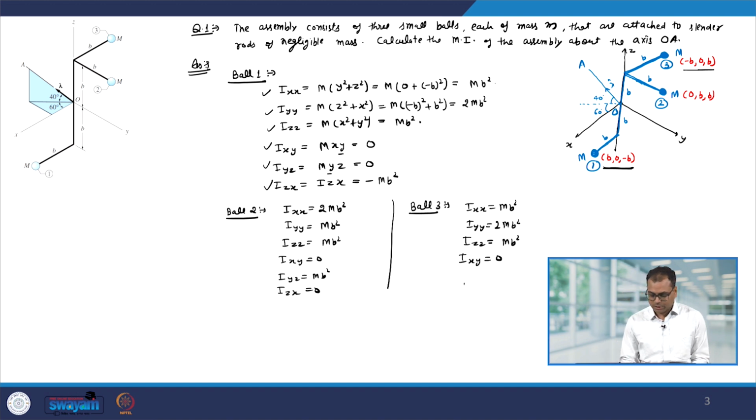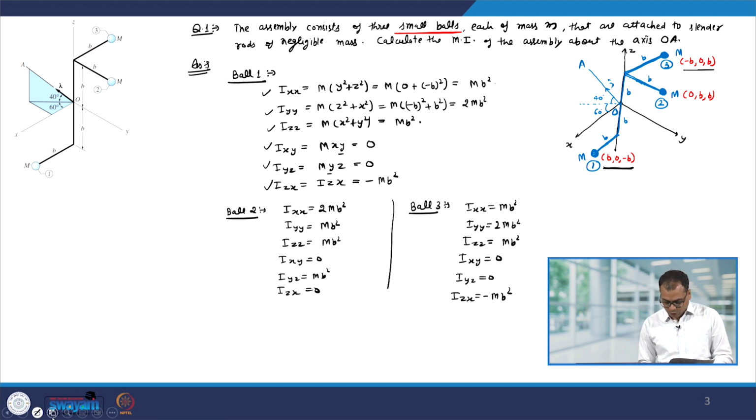So, therefore, it will be 0, I_yz will also be 0, and I_zx will be minus m b square. Note that while calculating this, we have used the fact that the ball is small. It is not a sphere, it is a point mass, therefore the moment of inertia was m into r square and so on.